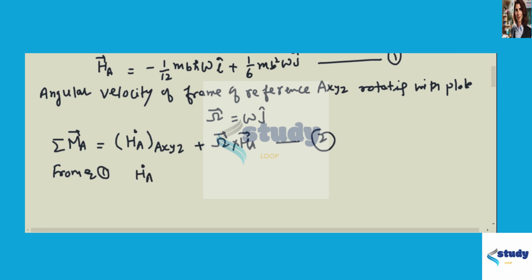From equation 1, H dot A, the rate of change of momentum, you can obtain by differentiating equation 1 with respect to the rotating frame. You will get minus 1 by 12 m b h alpha i cap plus 1 by 6 m b square alpha j cap.